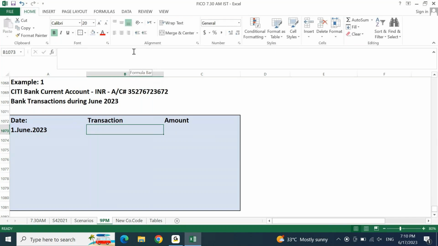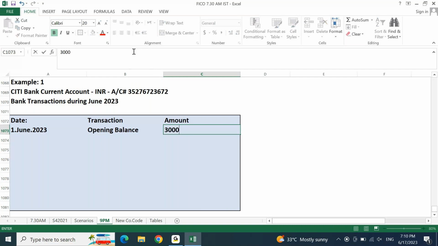I'll take transaction as opening balance. Let me take opening balance as 30,000.